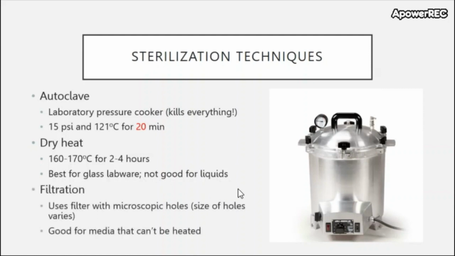And the other way that scientists do it is through filtration. If you use a filter that has very small microscopic holes, the size of the holes do vary, but in general, if you're trying to filter out bacterium, you might not filter out viruses, but bacterium reach a minimum size of about 1 micron or 0.75 microns, and the typical filter is a 0.2 micron.